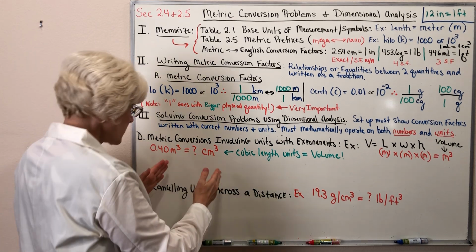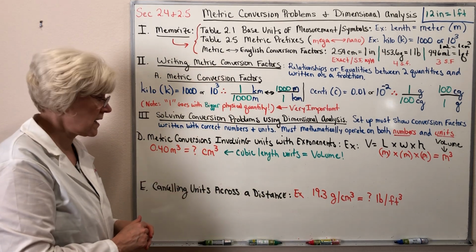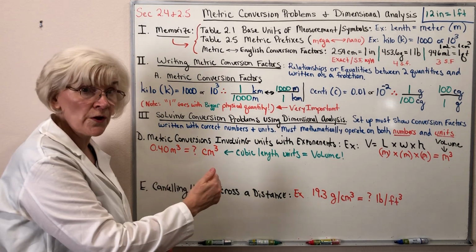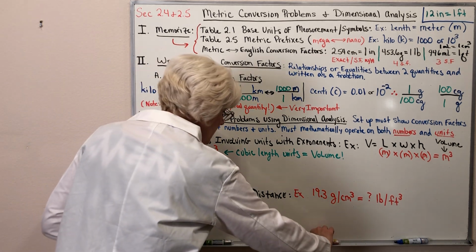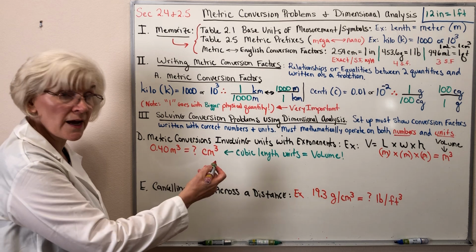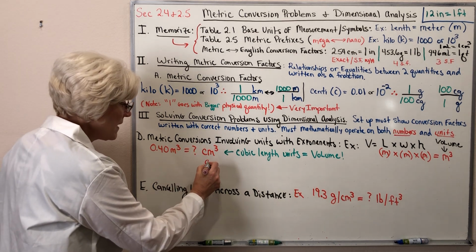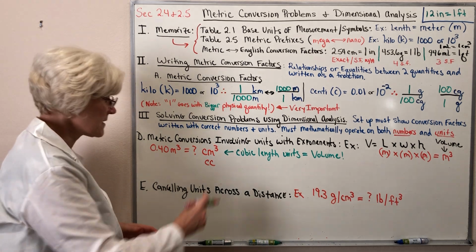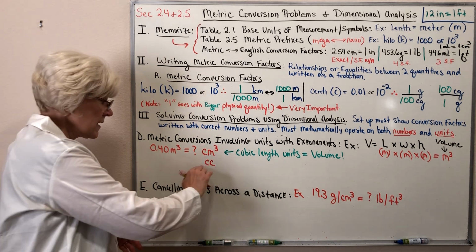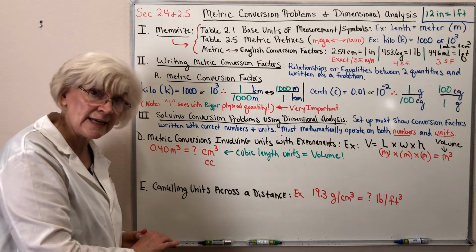So we recognize we're not looking at length units anymore, we're looking at volume units. And I specifically asked you to convert to cubic centimeters because in healthcare this is a very common unit, except it's not written in the scientific form like this. It's not written with an exponent, it's just referred to as cc's.